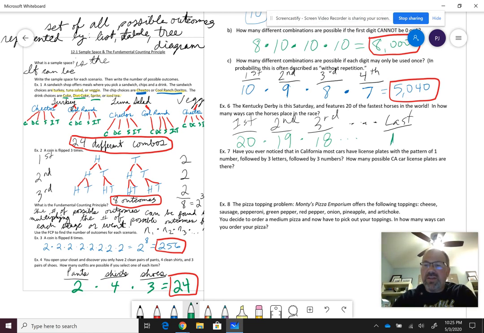So if we took these numbers and multiplied them all together, this is another way of saying what's called 20 factorial. 20 times 19 times 18 times 17, 16, 15, 14, 13, 12, 11, 10, 9. Keep going all the way down.